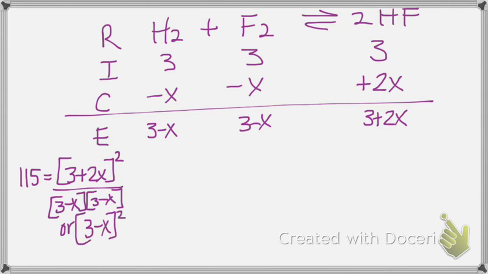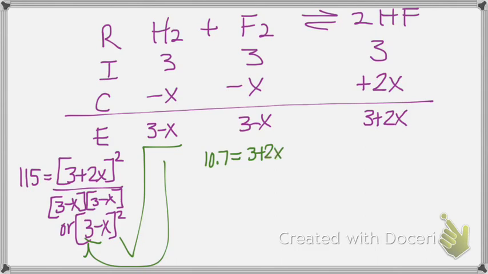Then our math becomes easier because it's a square, so take the square root of all of that. So then I get 10.7 is equal to 3 plus 2x over 3 minus x.